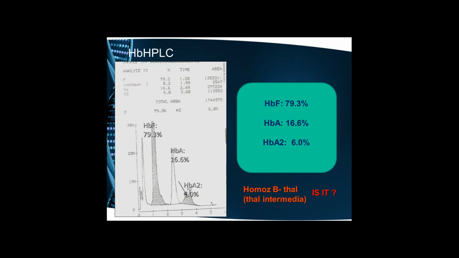What we see as an abnormality here is at the arrow: the arrow points to a slight hump in the upward slope of the HbA2 region. This we have not seen in any of the previous chromatographs. This is important here.